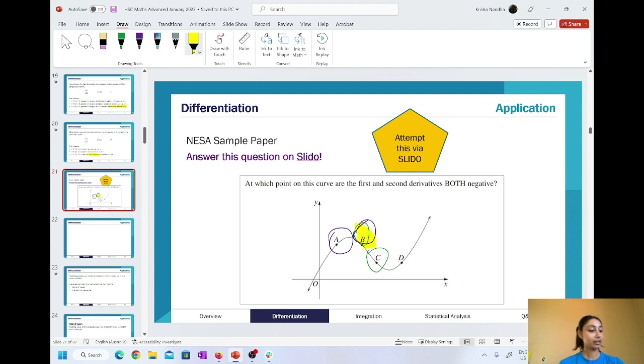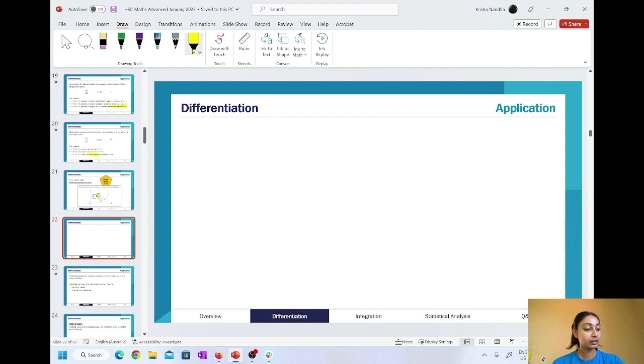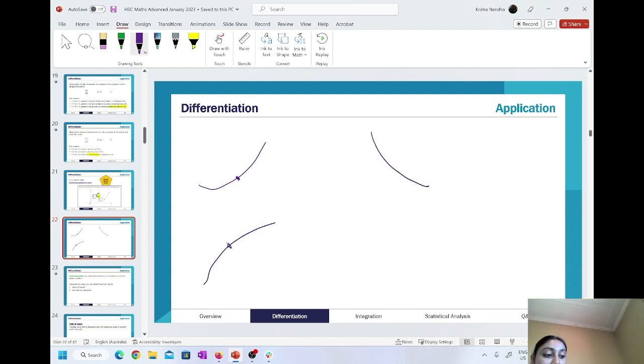It's B. Okay. Now I was supposed to go through something, so let me quickly work it out. And now we'll just quickly draw a few things. Okay, so we have this, and then we have this, and then we have this, and then we have this.